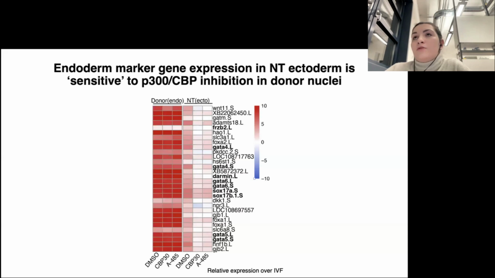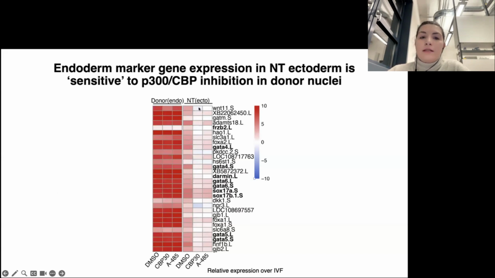We performed a stringent filtering of the on-memory genes that were rescued with the P300 inhibition approaches, and we could find that many endoderm marker genes could be successfully rescued in the nuclear transfer embryos, which means that they were no longer aberrantly expressed in the nuclear transfer tissues to an extent without the perturbation.